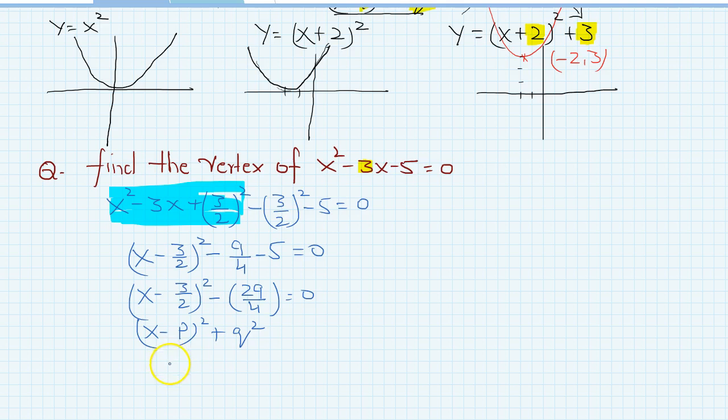So p is equal to 3 over 2, the opposite sign, and q will be minus 29 over 4. So if I draw the graph, that is 3 over 2, 1, 2, 1, 2, 3.